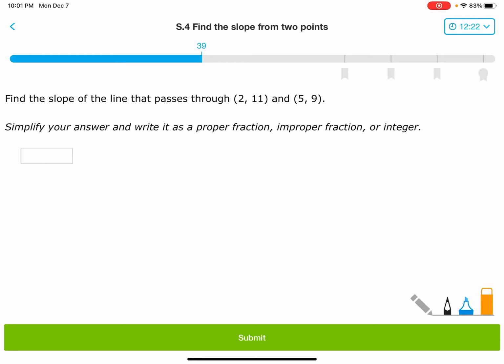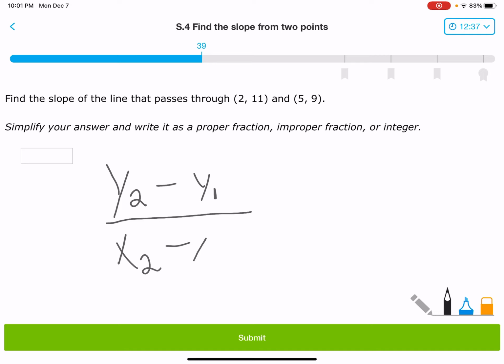So now we are going to be learning how to find the slope of 2 points using this formula, y2 minus y1 over x2 minus x1. Our ordered pairs are x, comma, y.